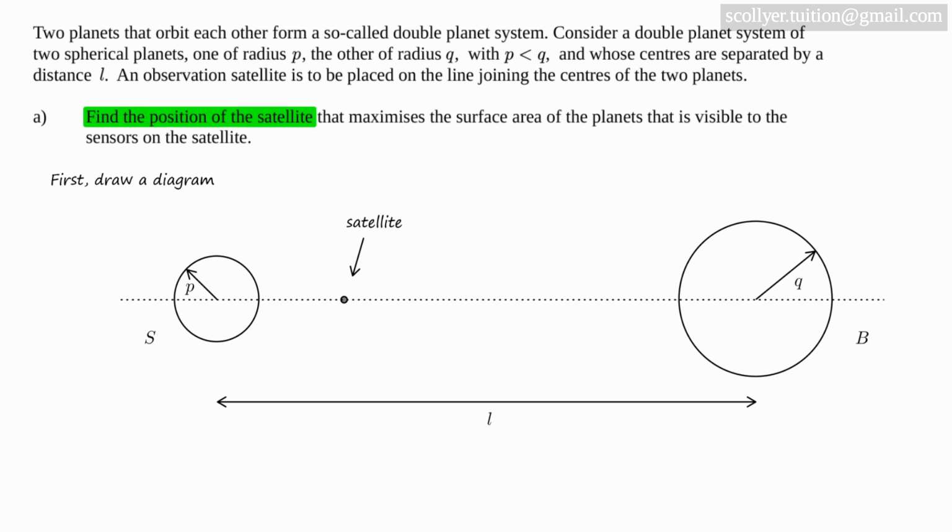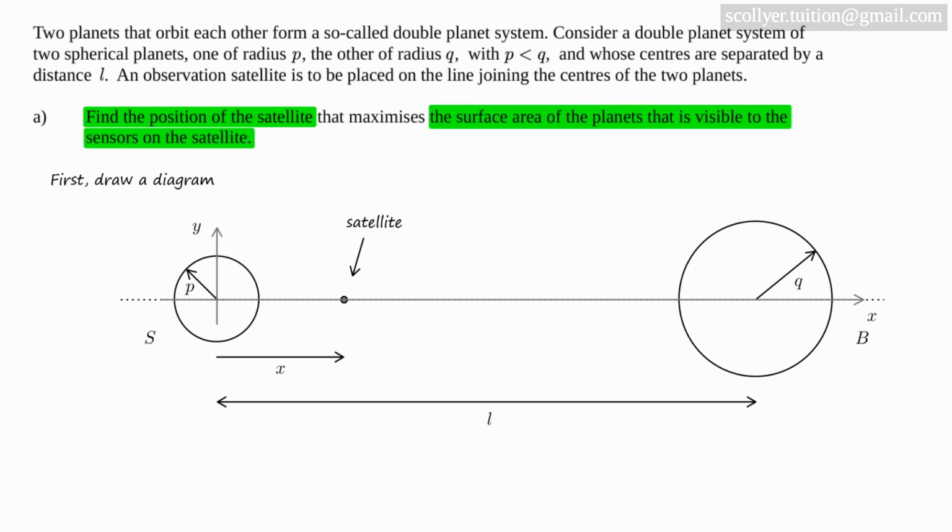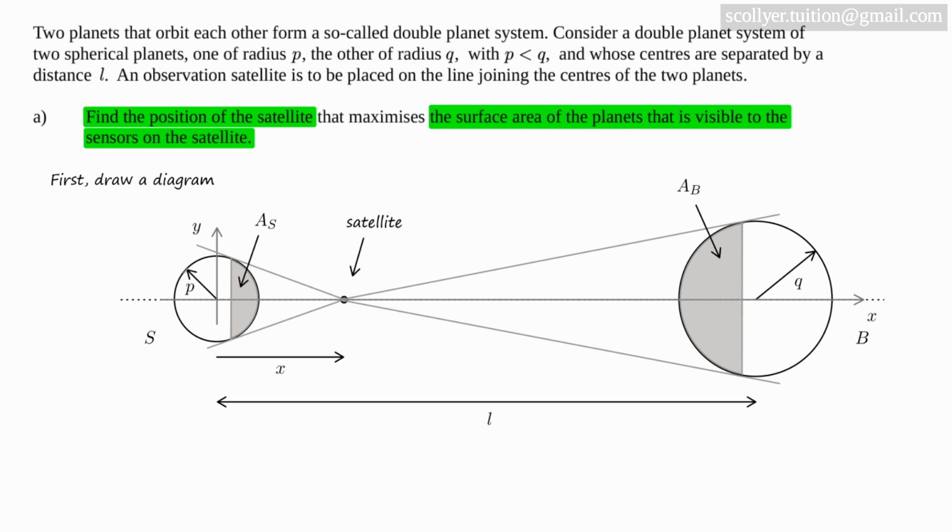We have to find the position of the satellite, so we set up a coordinate system and we say that the satellite is a displacement x from the centre of S. We are interested in the surface area of the planets that is visible to the sensors on the satellite, and we see that the area visible on planet S is contained in this cone, and the area visible on planet B is contained in this cone, and we call the two areas AS and AB respectively.